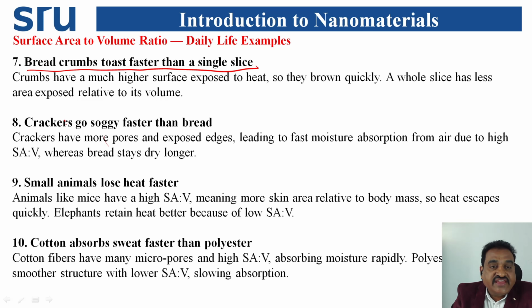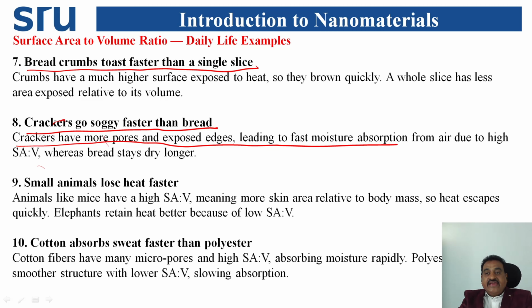You can also see here crackers go soggy faster than bread. Crackers have more pores and exposed edges, leading to fast moisture absorption from air due to high surface area to volume ratio. Bread stays dry longer.